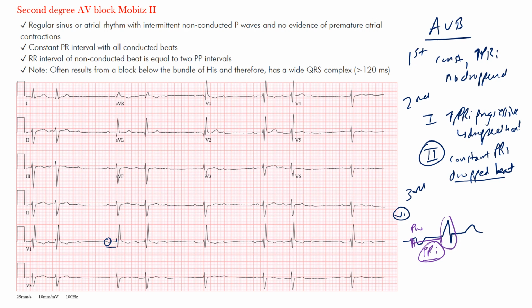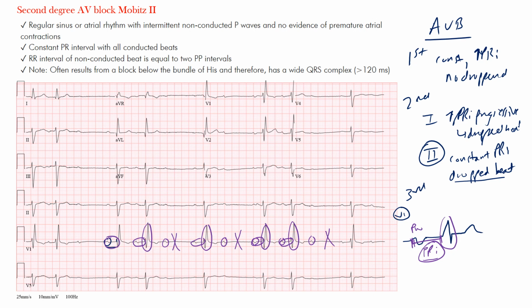So PR interval normal, conducted complex, PR interval normal, conducted complex. P wave here, no conducted complex, and then it goes back to its normal PR interval with a conducted beat. Then all of a sudden you have a P wave, non-conducted beat. Then a P wave with a normal PR interval, conducted beat. P wave here with a normal PR interval, conducted beat. P wave, no conducted beat.